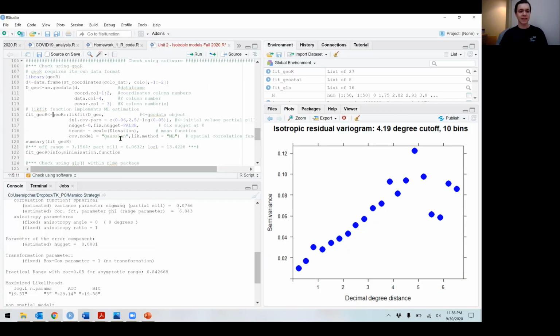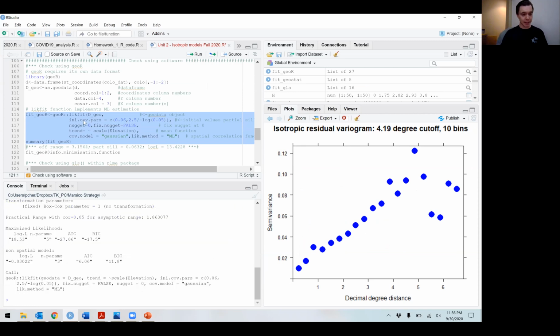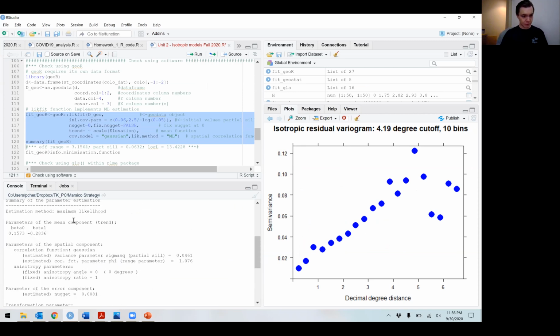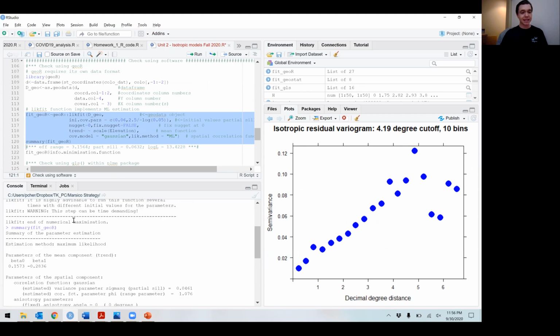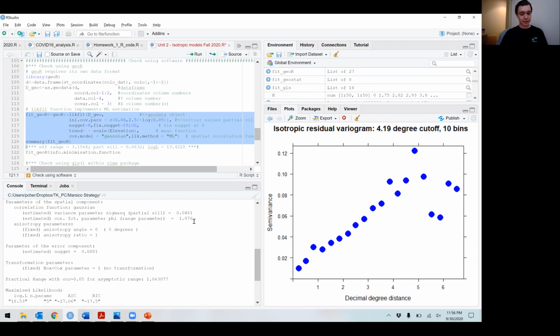Not changing anything else, still estimating the nugget, and just changing that I want a Gaussian. And it has estimated. Here is my range parameter, but my effective range is now just under 2.